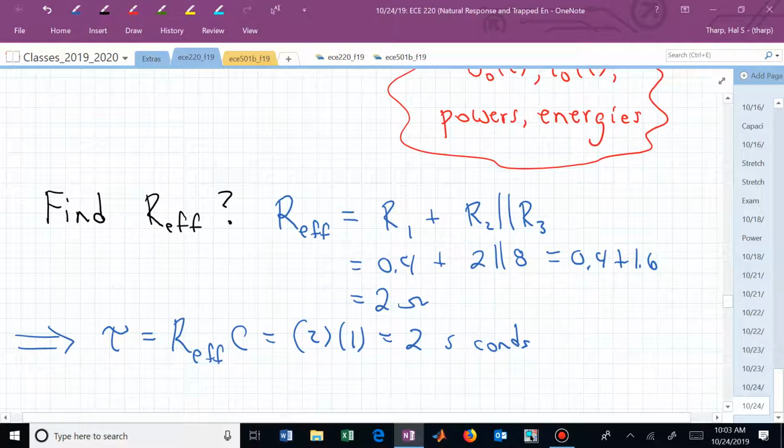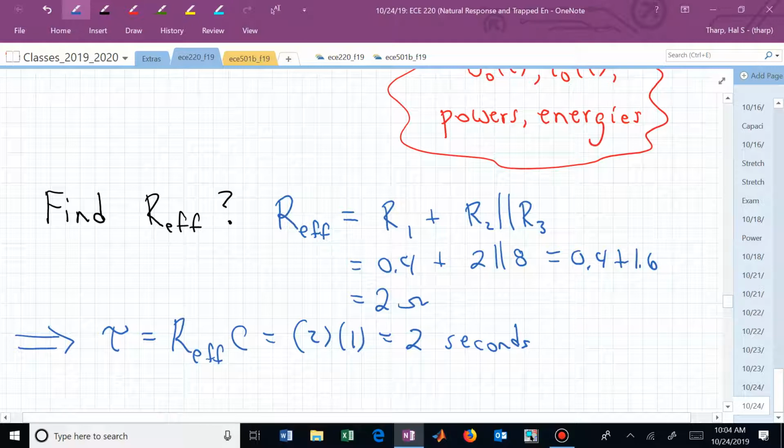That's a pretty large time constant. What's infinity? How long would we have to wait before we reached infinity in this circuit? 5 of those 2's, or 10 seconds. So that's how long we would have to wait before everything was done or finished.